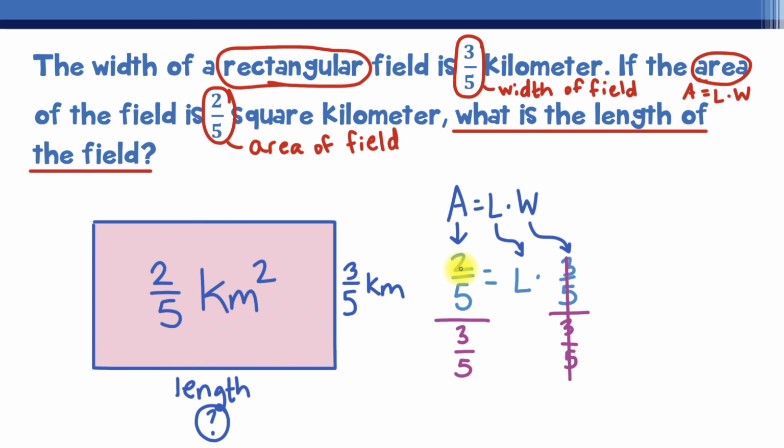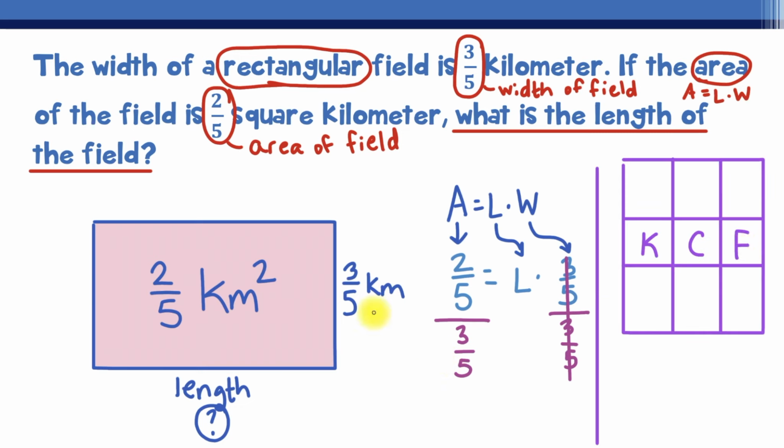So now we've got 2/5 divided by 3/5. It might look a little funky here because it's written as a complex fraction, which is just a fraction on top of another fraction, but it might look more doable if we do it like this. So because we're dividing with fractions, we set up a KCF table, which stands for keep, change, flip.